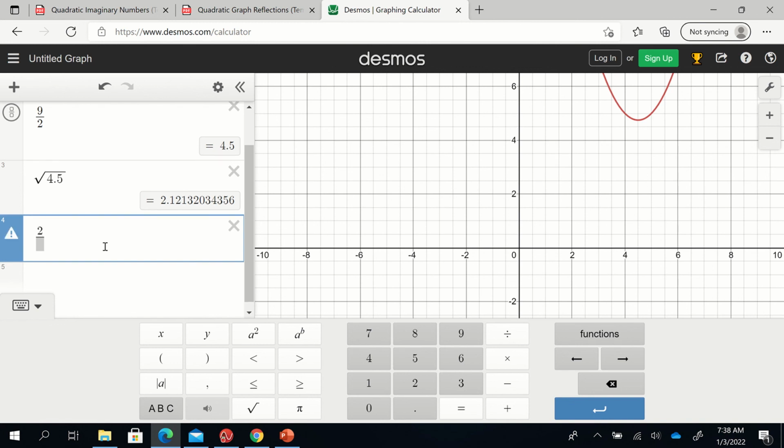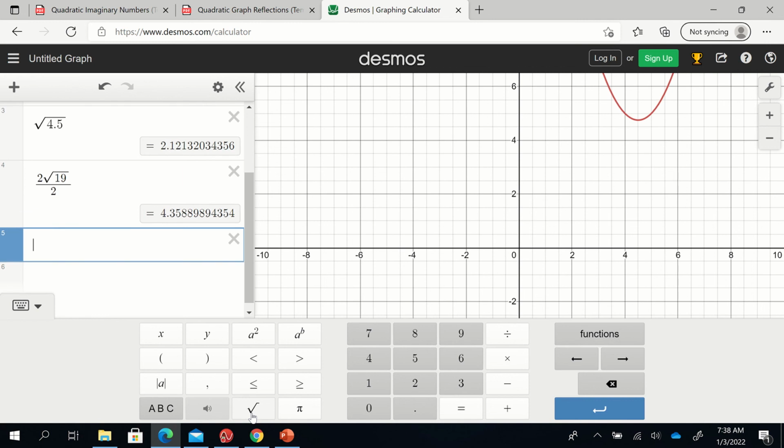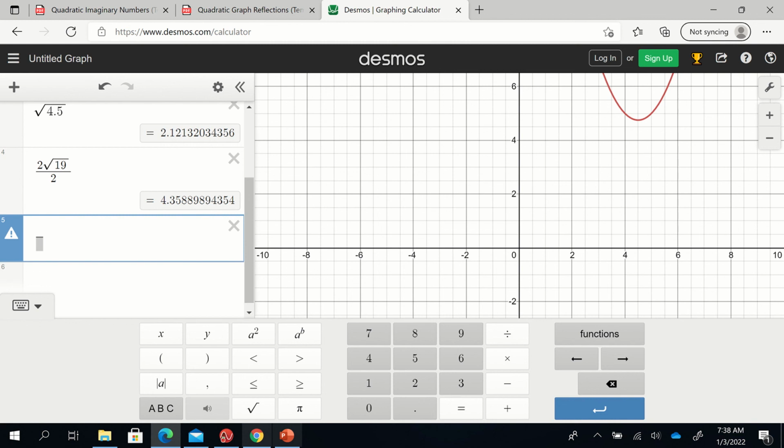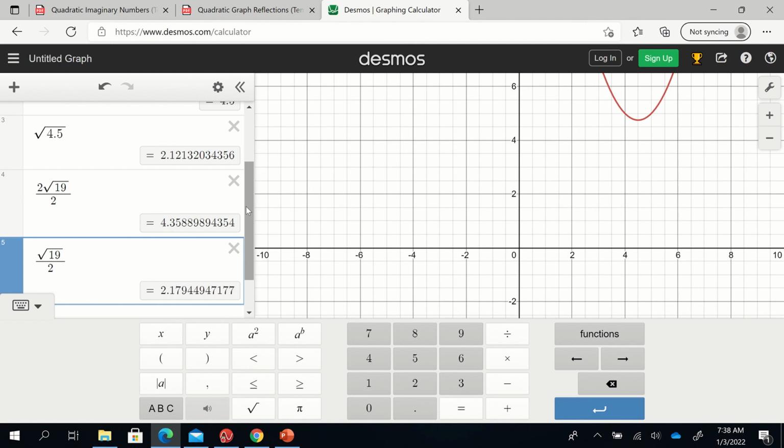And the first one was 2 square root of 19 over 2. And doesn't seem to give me that number. So then I'm going to do my other fraction. And I'm going to do square root of 19 over 2. And this one gave me the number that's closest to it. Because it's imaginary, there's going to be a little bit of fluctuation.